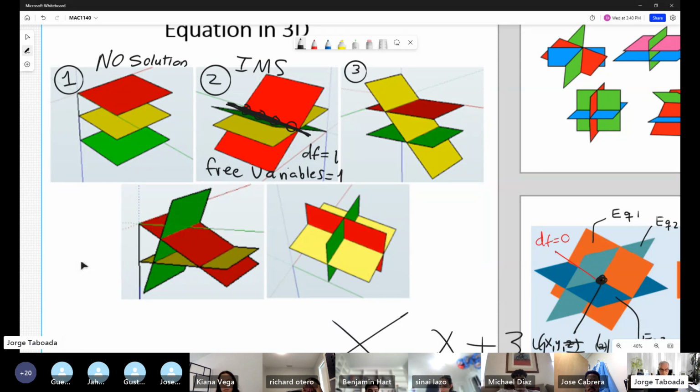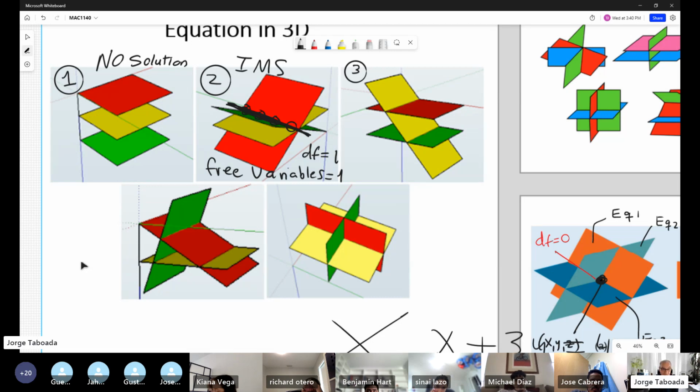What's going on? Let's see. Solution. Alison says solution. Does everyone agree with Alison? Solution. But infinitely many or only one? Remember, two solutions. Jonathan says two solutions.